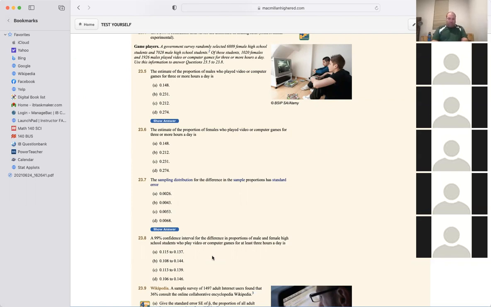Professor, what would our standard deviation be for this? You don't need to put it in. What do you mean? Which interval are you doing right now? It's not a T interval. It's a 2 proportion Z interval. We're dealing with proportions, the estimate of the proportion, sample proportions.